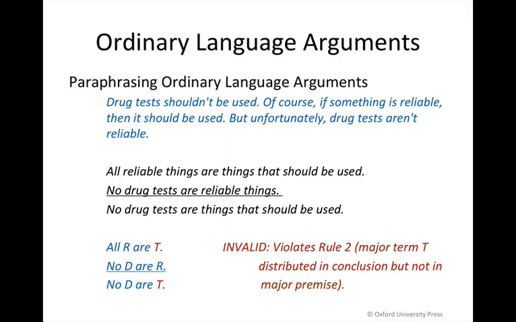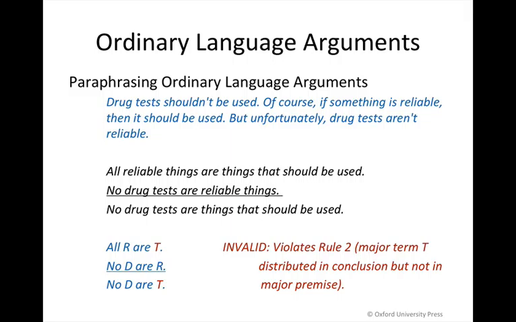Notice also that we are denying drug tests should be used, so we need a negation. Hence, all are not becomes no are. No drug tests are things that should be used. Remember, we need a predicate that is written out as a noun or a noun phrase.